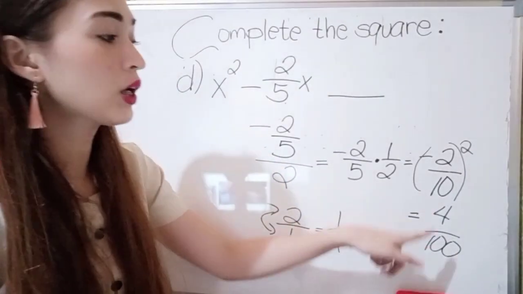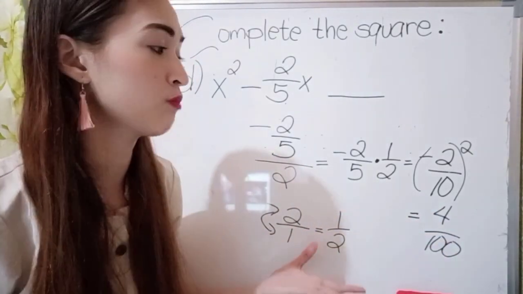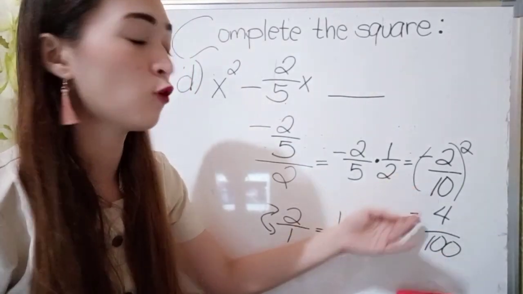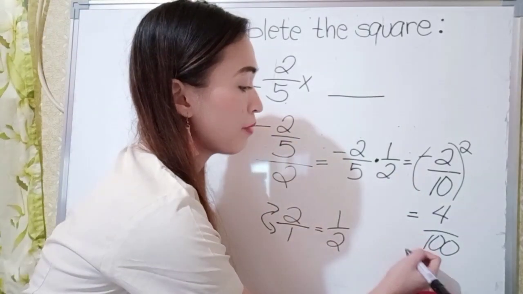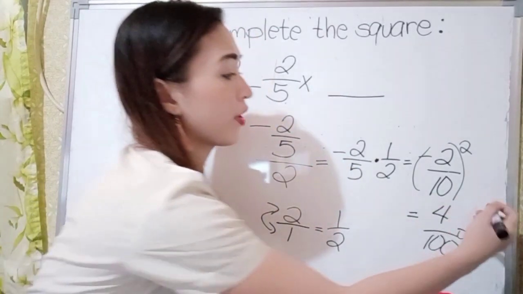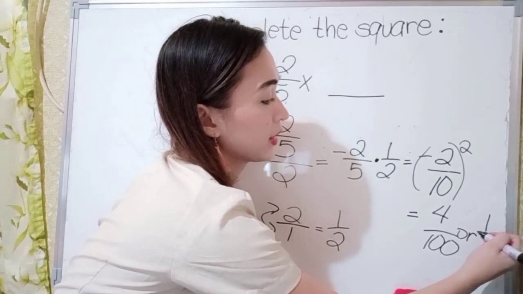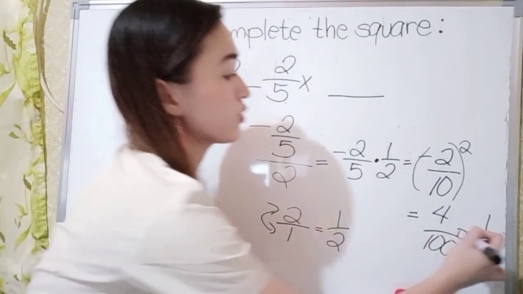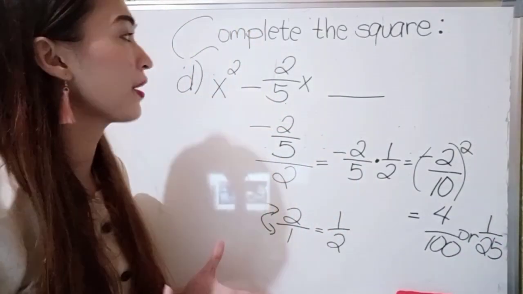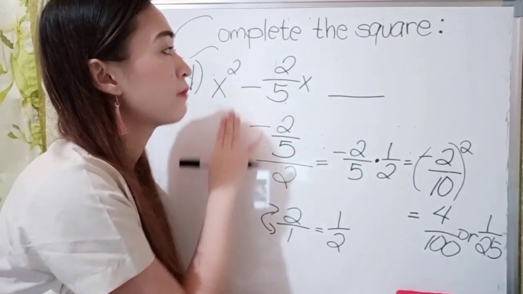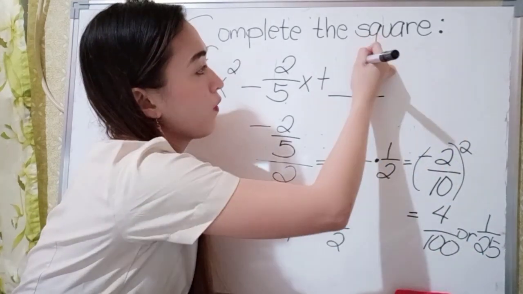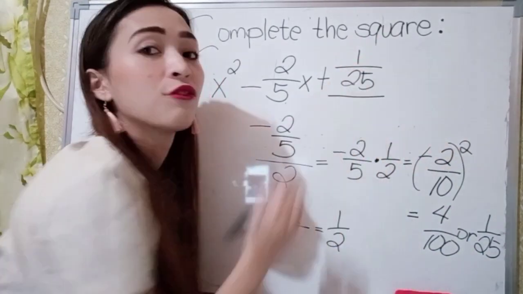No, because this is not in simplest form. 4 can divide 100, so you can simplify 4 over 100. 4 divided by 4 is 1, and 100 divided by 4 is 25. So our final answer is x squared minus 2 over 5x plus 1 over 25.